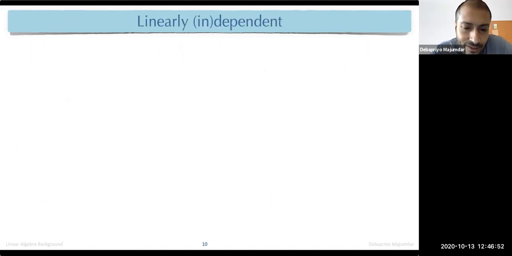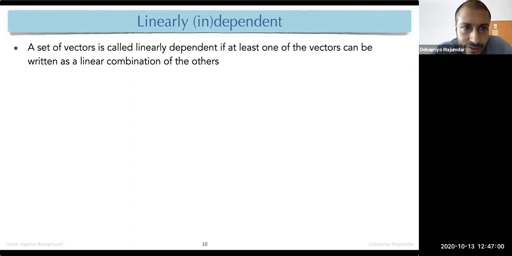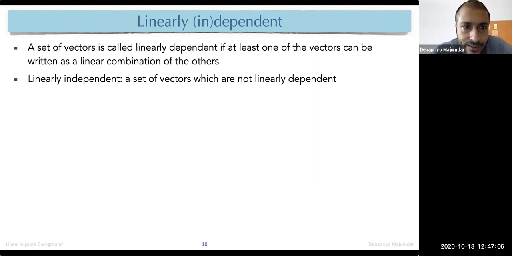So this means the basis vectors need to have this important property called linear independence. A set of vectors is called linearly dependent if at least one of the vectors can be written as a linear combination of the others, right? So a set of vectors which are called linearly independent are basically the ones which are not dependent.